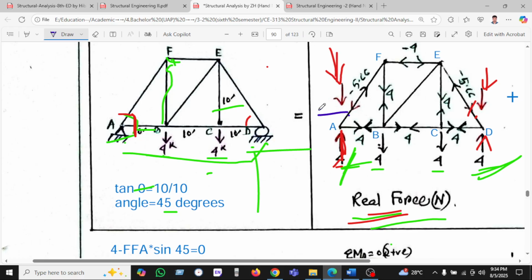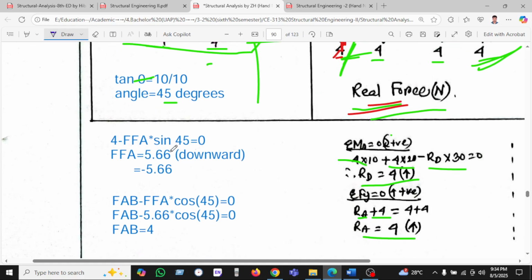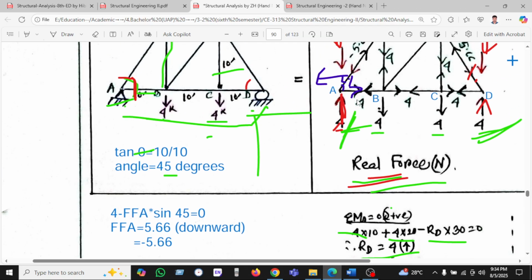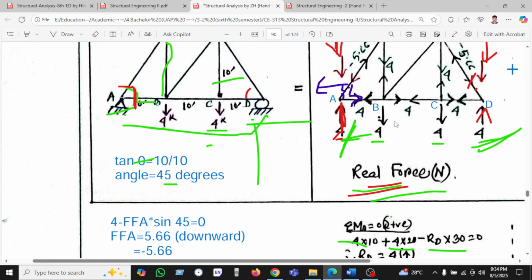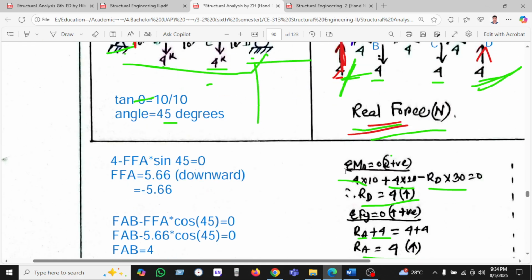One is in the horizontal direction going here, another is vertical. So this horizontal will be this horizontal, and this will be opposite. As we know, this is the theta, it is cos theta, and it will also be cos theta. So now we can see here FAB minus FA into cos 45. So this member FA and cos theta.